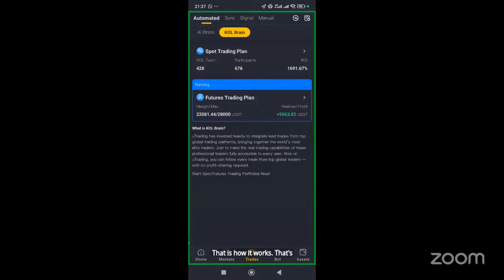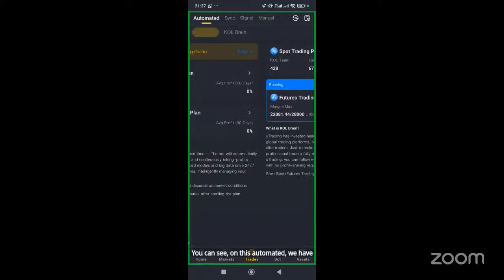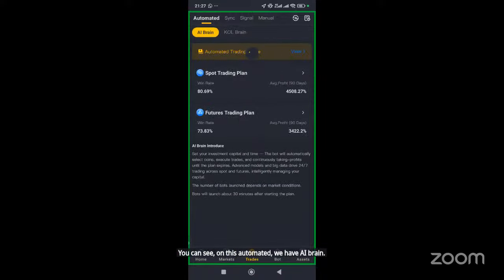That's how it works. So look at this. When you click on this particular place, you can see under automated, we have AI Brain. AI Brain is also a different robot on this platform, which allows you to trade with a different strategy under automated.